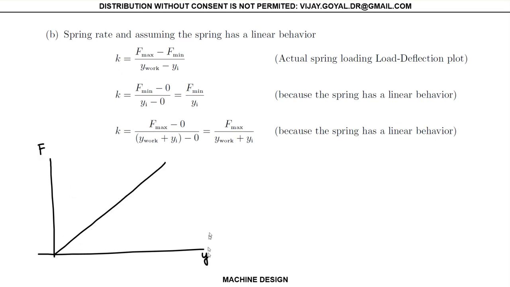It's completely linear. The working is never from zero. You're going to start working at a preload that's F minimum and Y initial. And then you will have another load up here, the maximum working load, Y work.